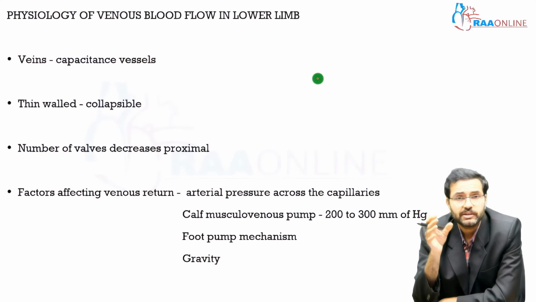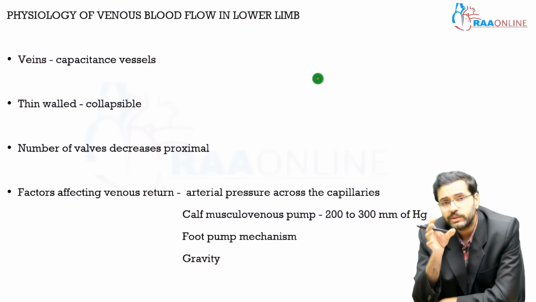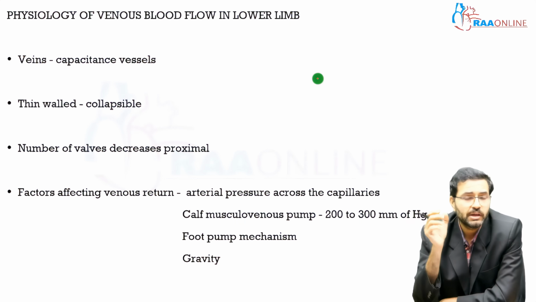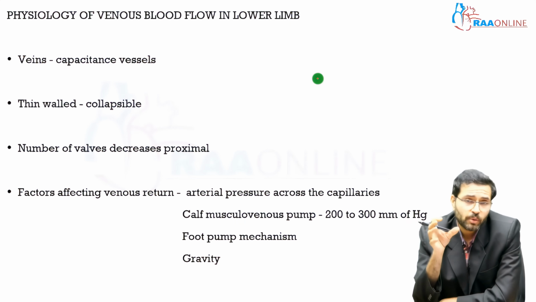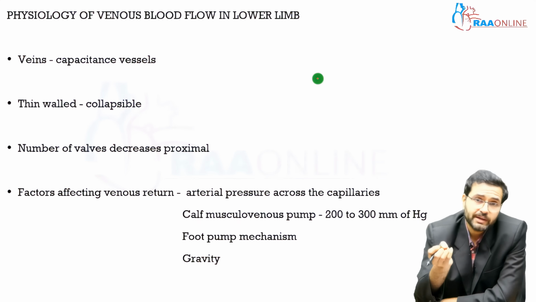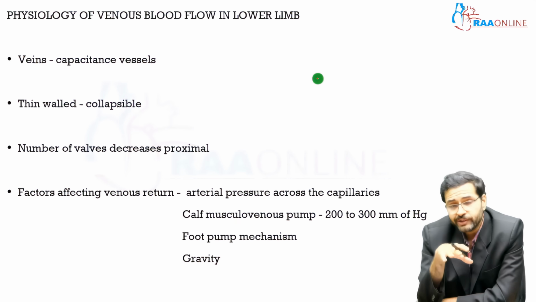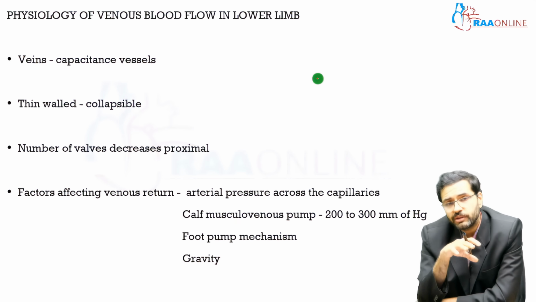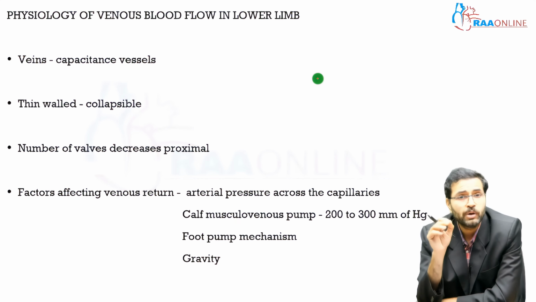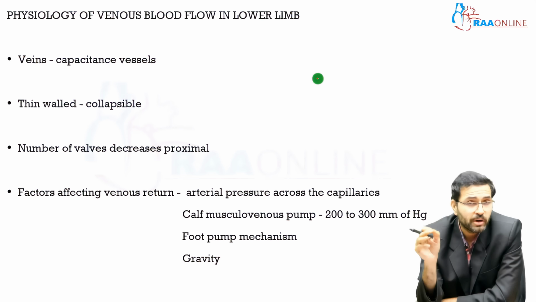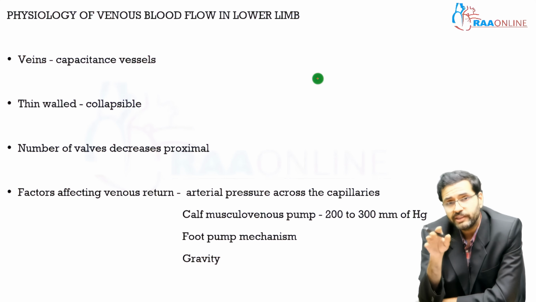Another important factor is the calf musculovenous pump. Like I said earlier, the venules or sinusoids located within the gastrocnemius and soleus play a very important role in pumping the blood proximally towards the heart. During an active phase of walking, the pressures in the calf can be as high as 200 to 300 millimeters of mercury. During the resting phase, the pressures are lower, and it is during the resting phase that blood enters from the superficial veins into the deep veins.